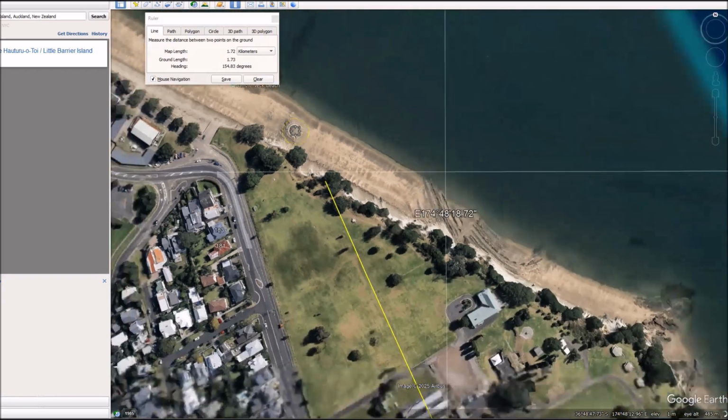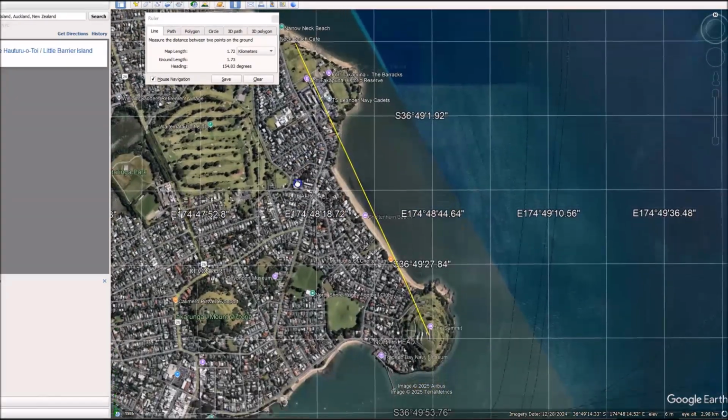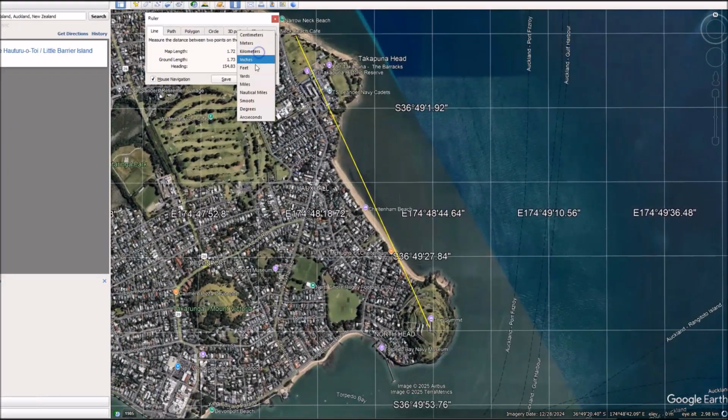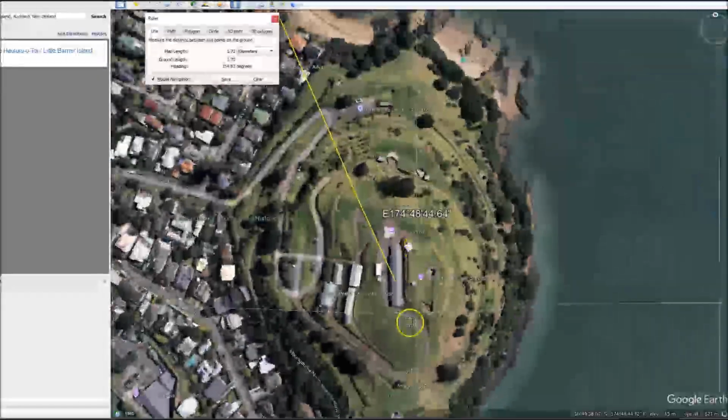But that's not the end of it. There's more that could be done here. 1.7 kilometers away, so not very far. What's that? A little less than a mile away. There's a spot called the Summit here.